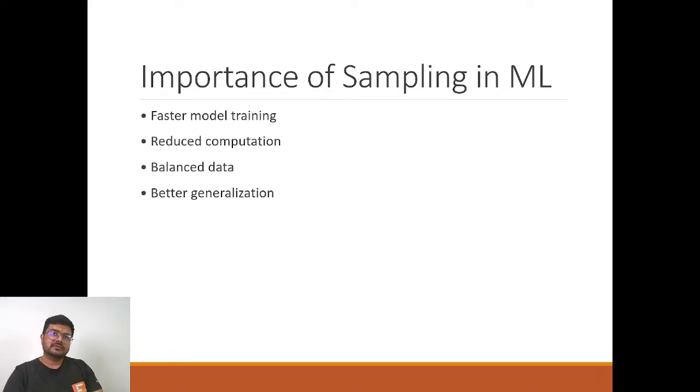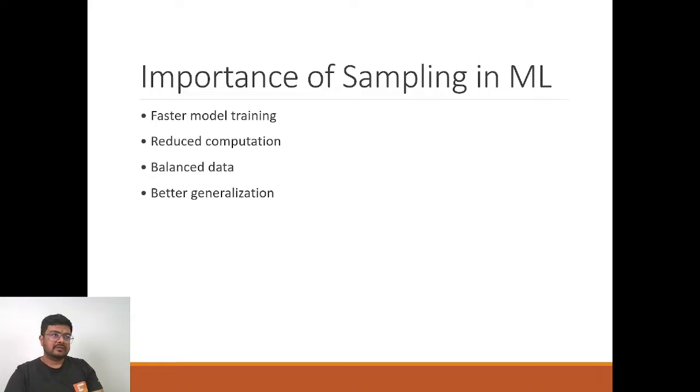Before I talk about this, you need to have some knowledge about machine learning and how it works. But if not, it's fine. You can note down this point and take it into consideration whenever you learn ML in future.